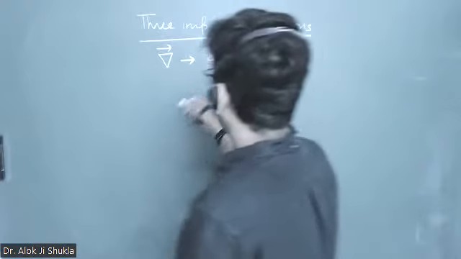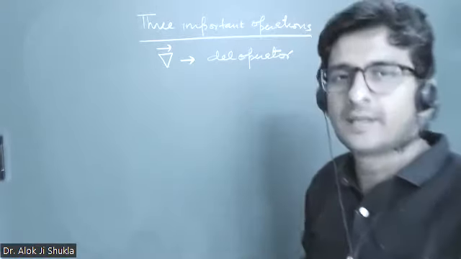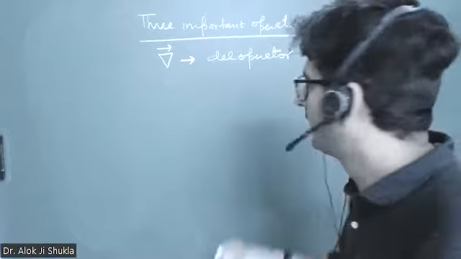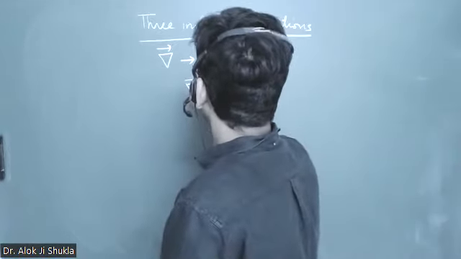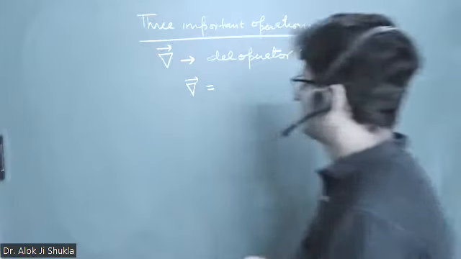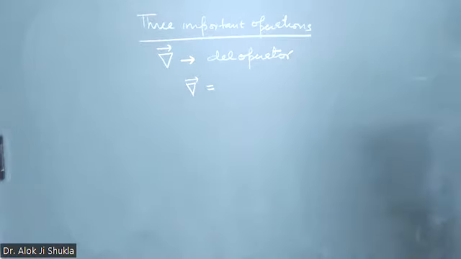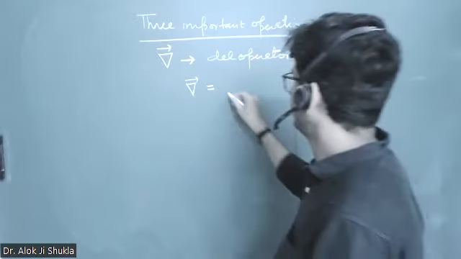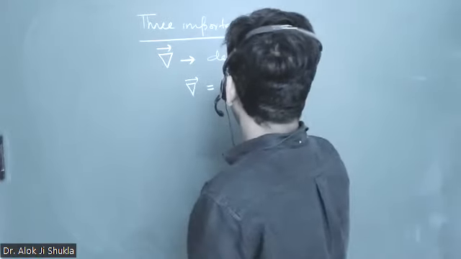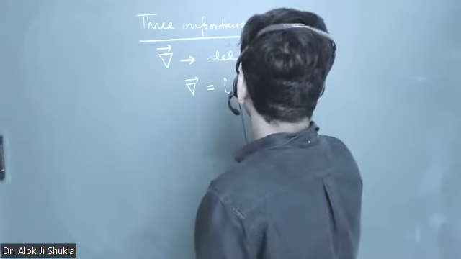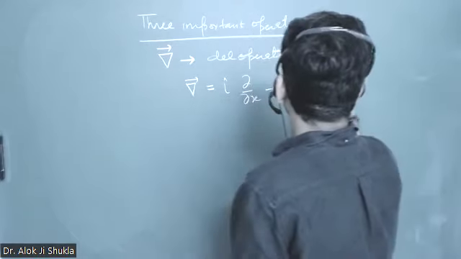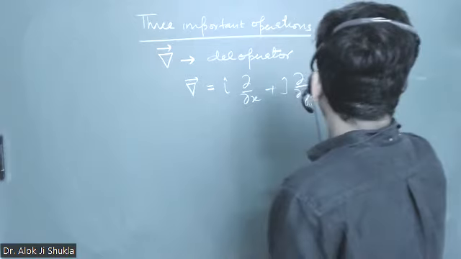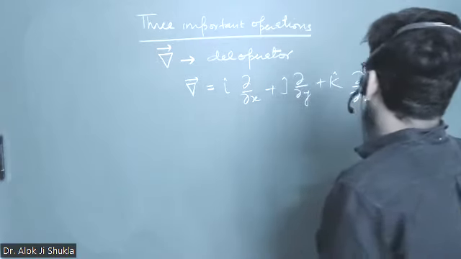Actually this is something associated with a differential, right? So this del in Cartesian, first of all understand this in Cartesian, then we will write it for other coordinate systems. It is actually i cap del by del x plus j cap del by del y plus k cap del by del z.